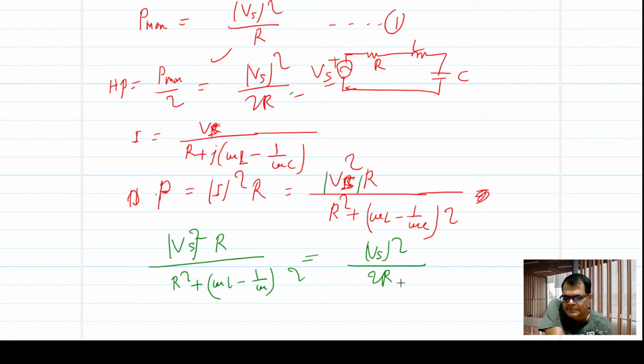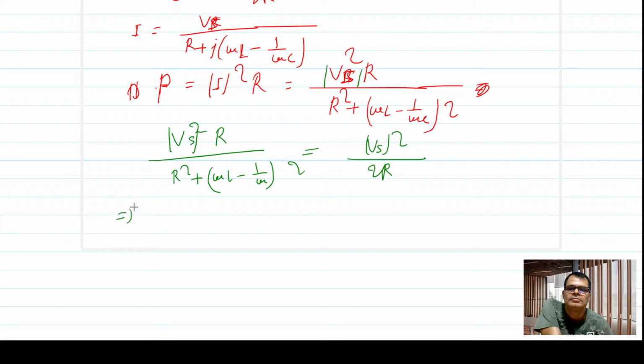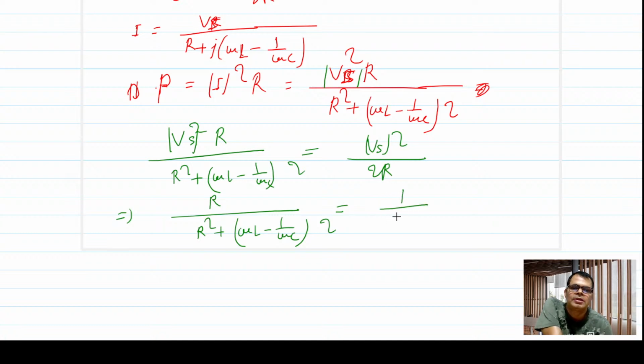Okay, so now you can see, Vs cancel, R upon R square plus (omega L minus 1 upon omega C) square equals 1 upon 2R.